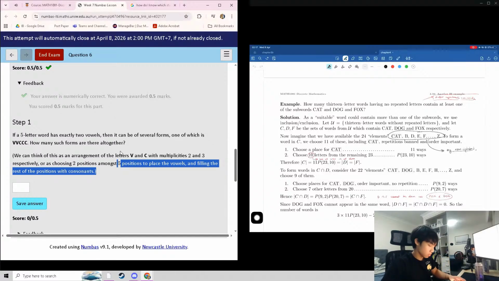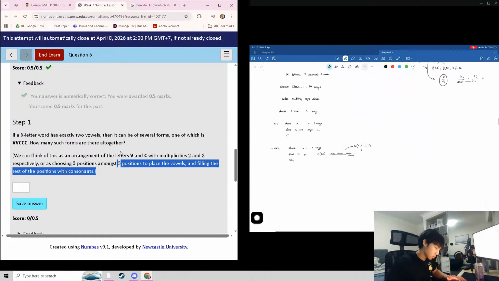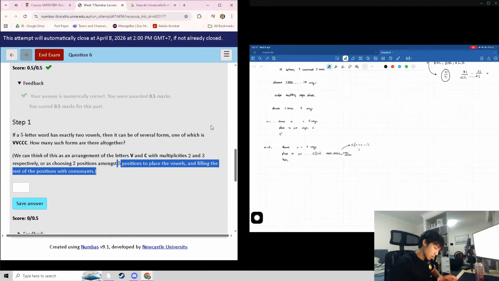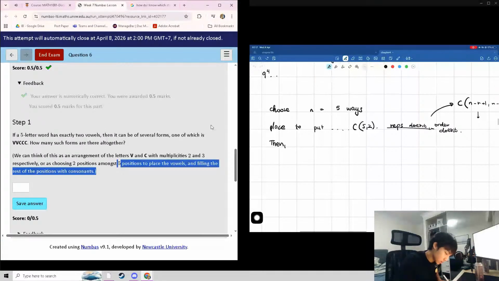Thank you. Now I can see it. Yes, so this number is 5 factorial over 2 factorial, 3 factorial.